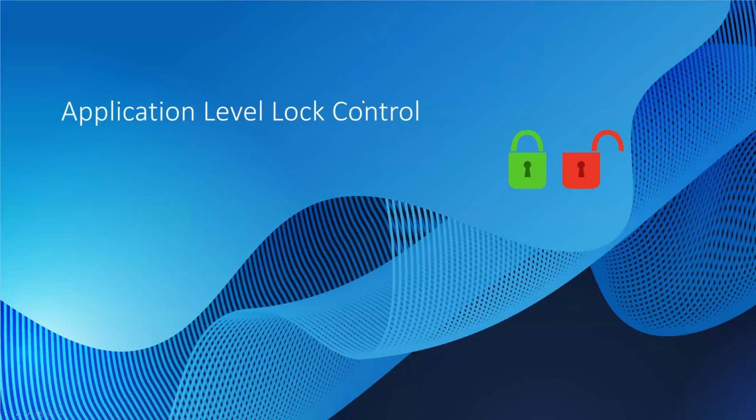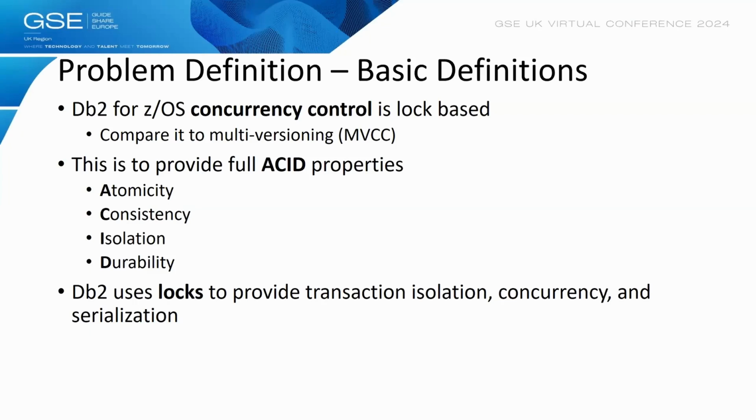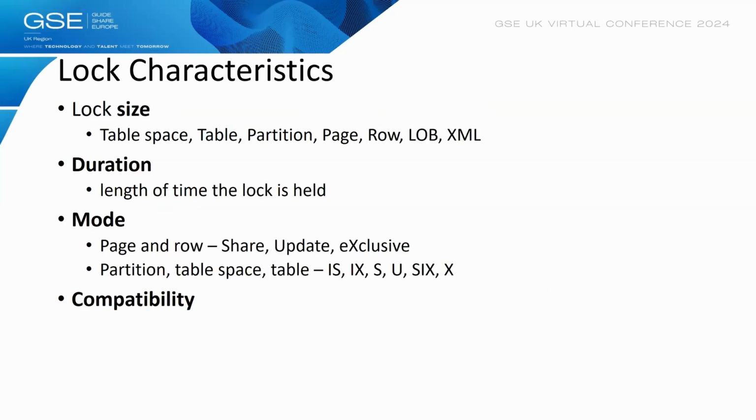And this is where I want to discuss this application level lock control, which in my opinion is one of the major features that's available for application developers in Db2 13. So let's do some brief intro of what this is about, some problem definition, basic information. So Db2 uses locks for concurrency control. We know that, right? So I will skip this.